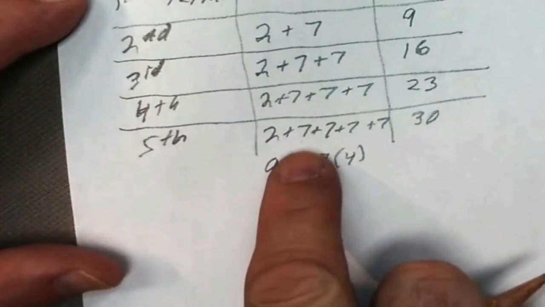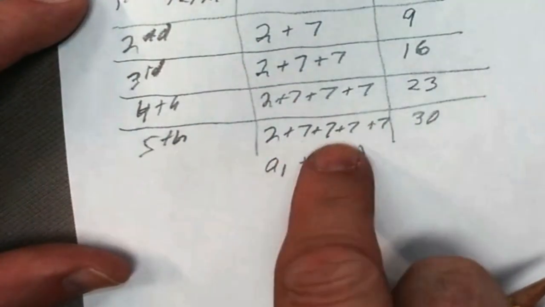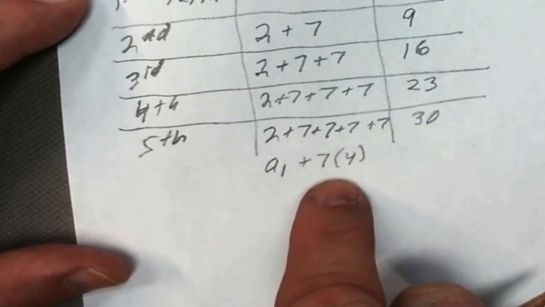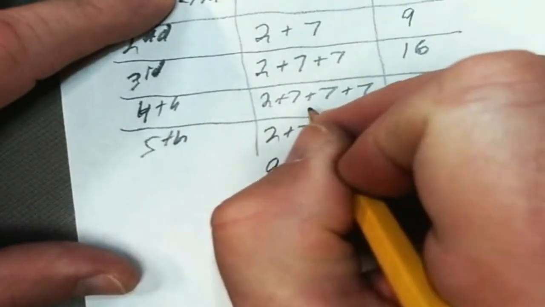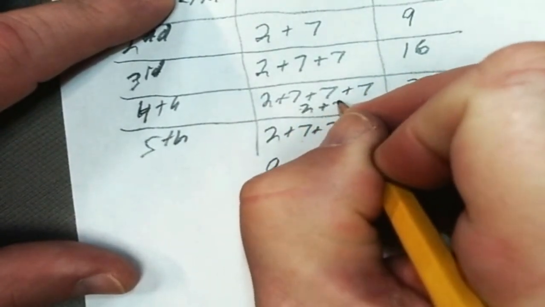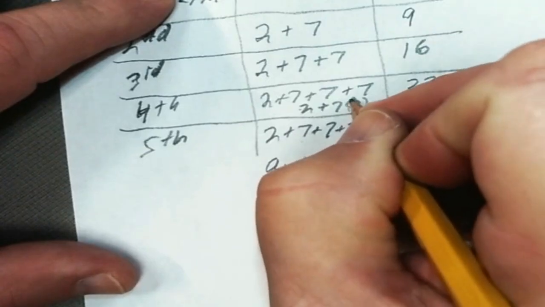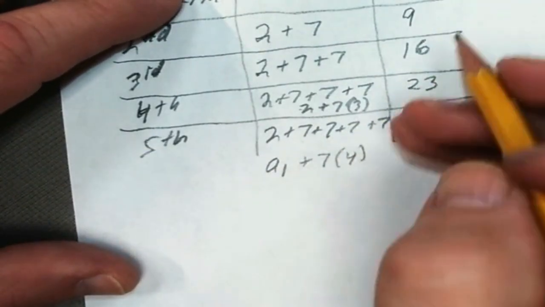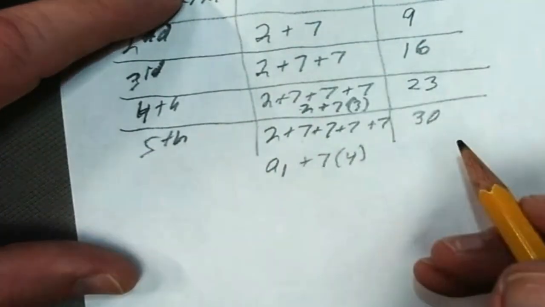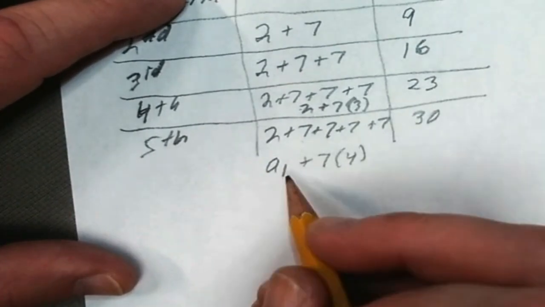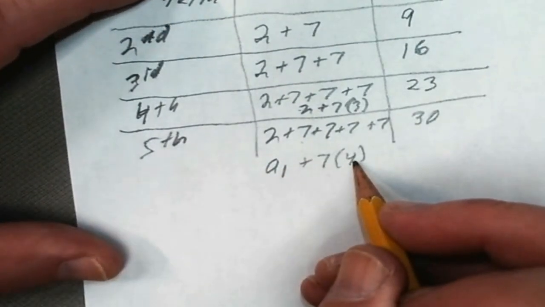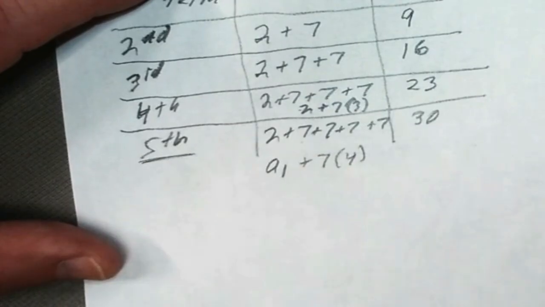Right, because in upper level math, we don't do 7 plus 7 plus 7. We do 7 times 4. And this was 2 plus 7 times 3. And this was 7 times 2, and that's 7 times 1. So we take the first term and do 7 times 4.